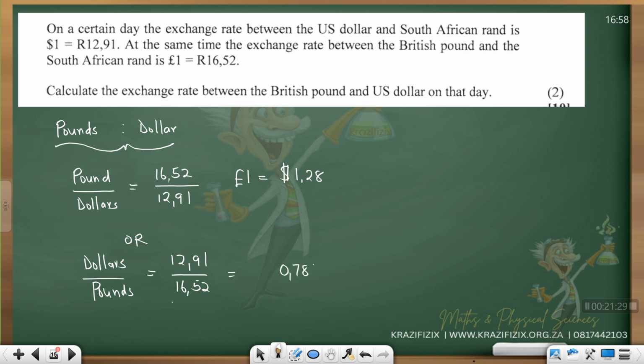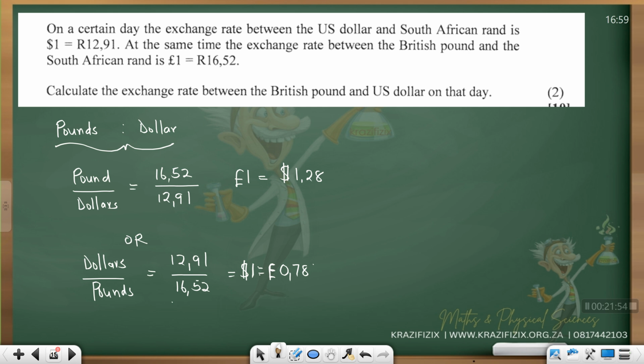Remember, it means that we have 0,78. $1 is equal to 0,78 because dollars is on top. $1 is equal to 0,78. So this tells you that pounds is bigger than dollars. Are we okay with that question quickly?